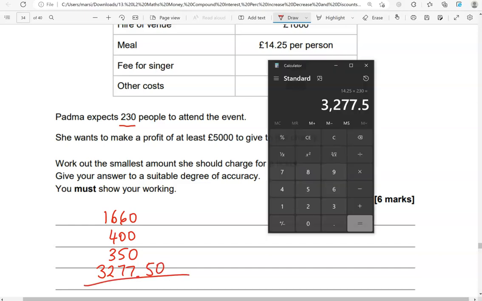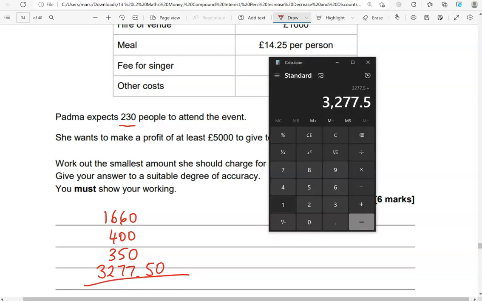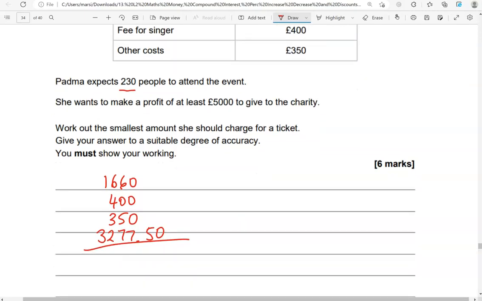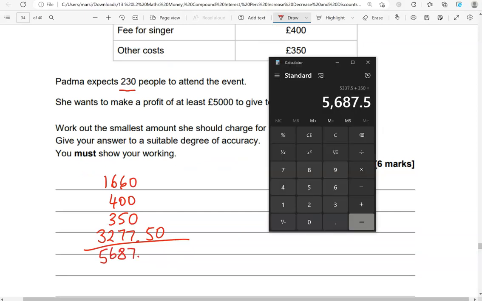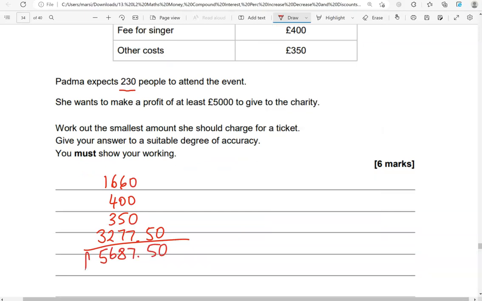So adding all of these together, this is £5,687 and 50 pence. So that is the cost.